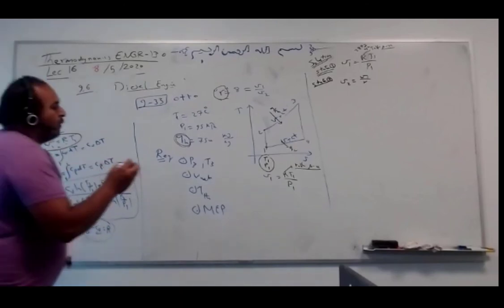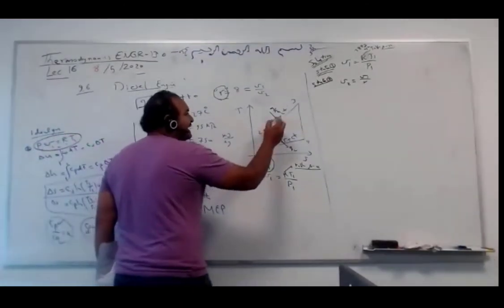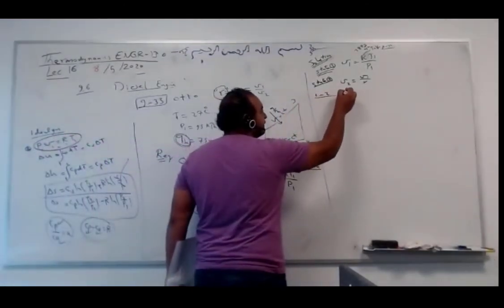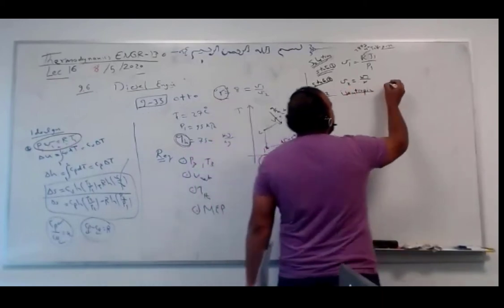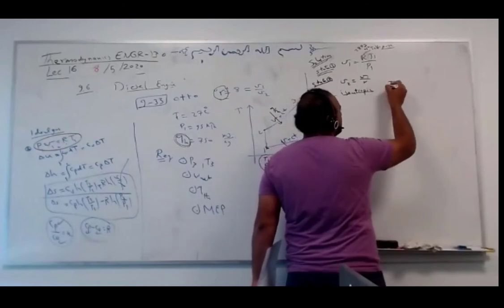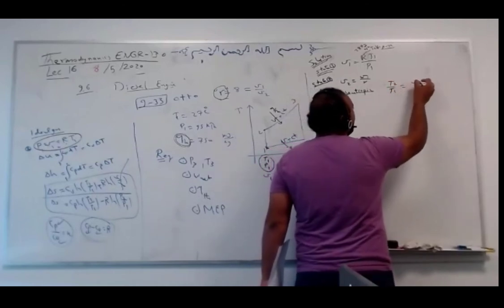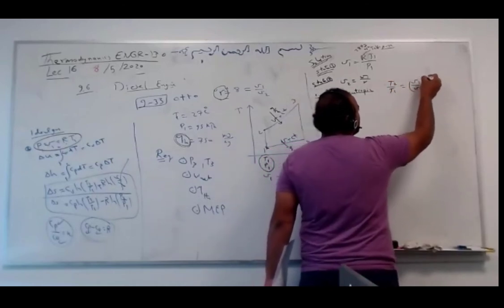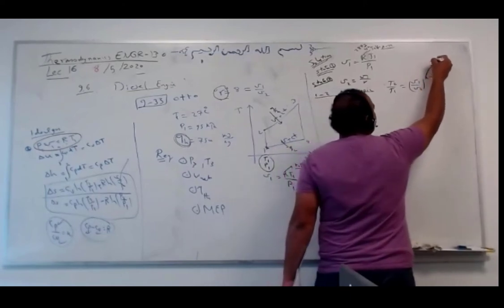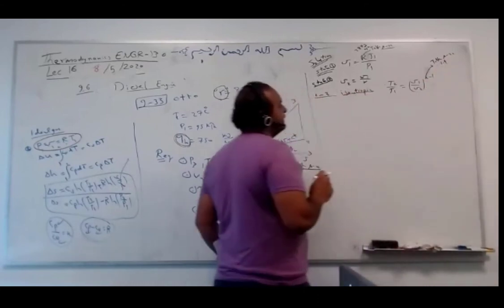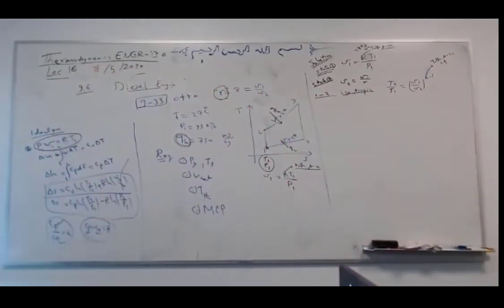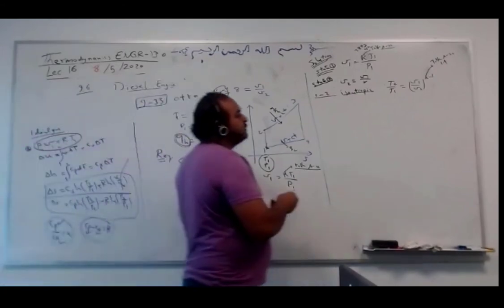Now, 1 and 2 is isentropic. You can get everything now. T2 over T1 equals V1 over V2 to the k minus 1. Again, k from table A to A, which is always 1.4 for air. So you can get T2. T1 is known, V1 is known, now V2 is known. From the compression ratio, you can get T2.